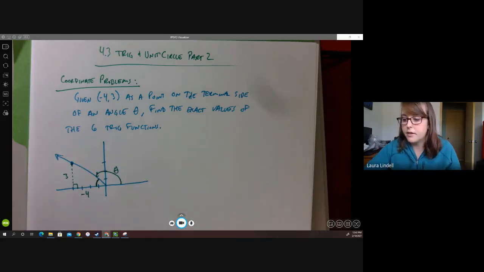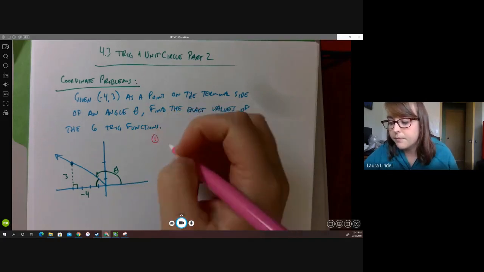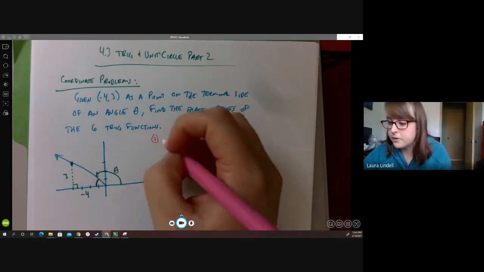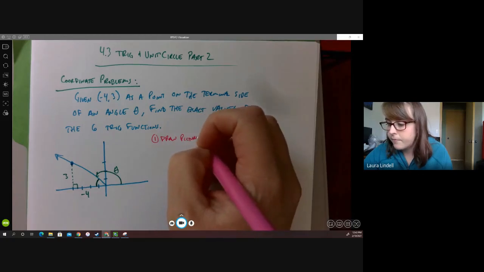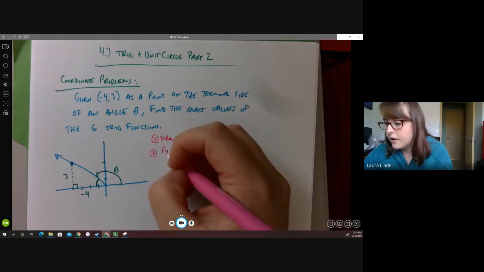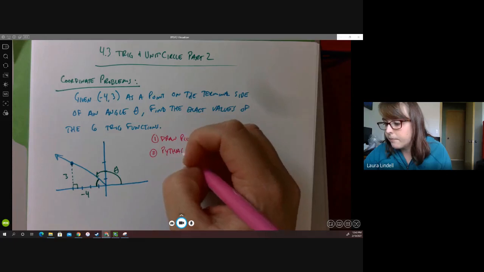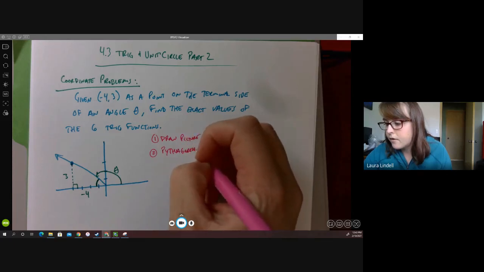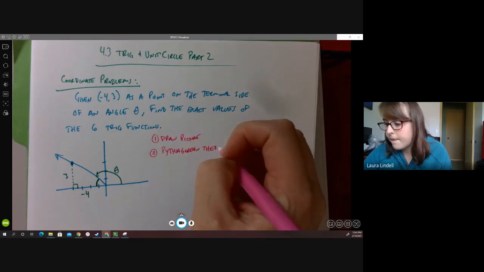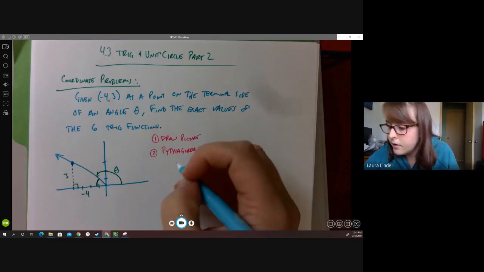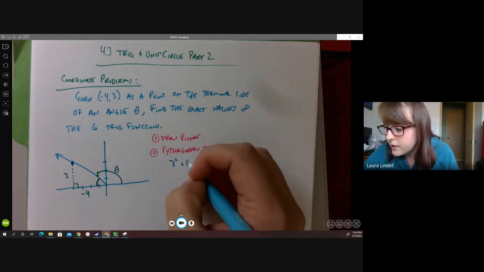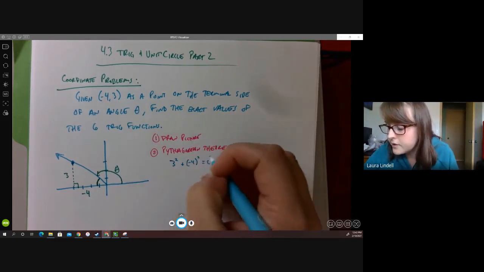So step one is to draw the picture first. Second step, Pythagorean theorem. So we can go 3 squared plus negative 4 squared equals c squared.